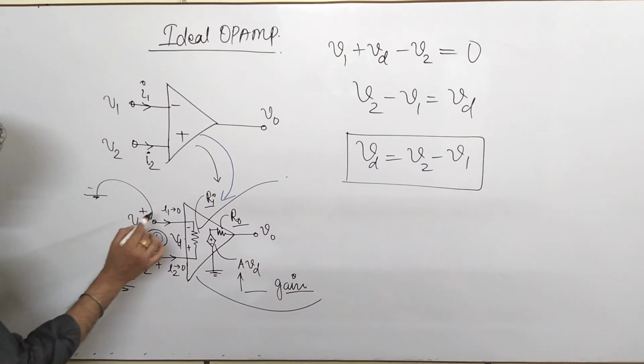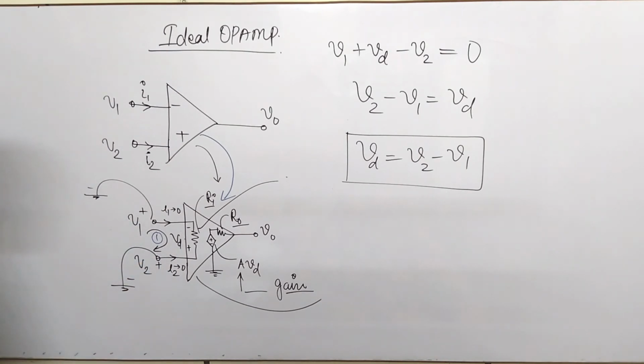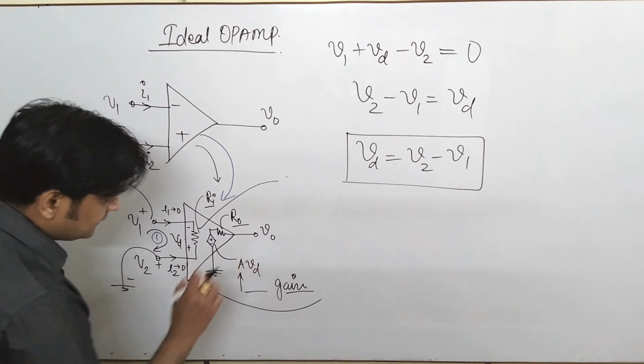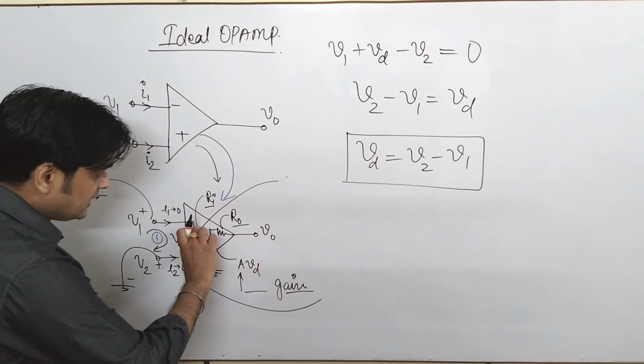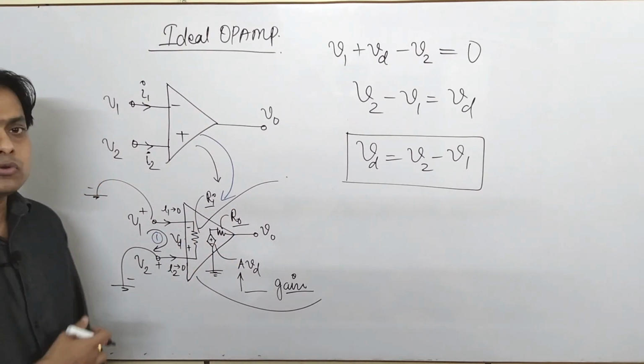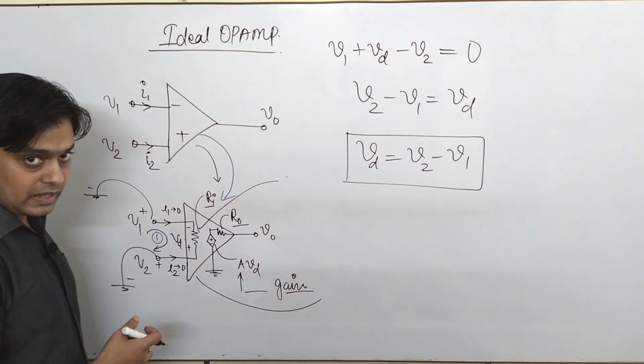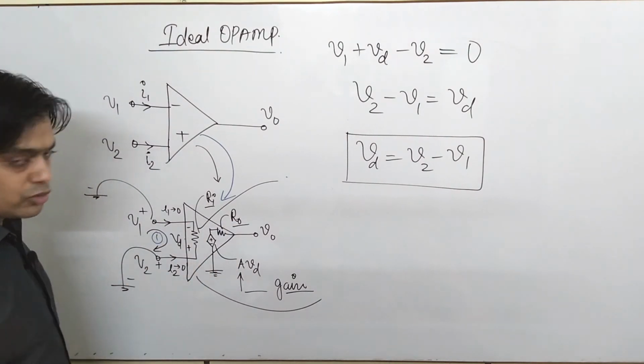So minus 2 plus V1, minus 2 plus Vd, plus 2 minus V2, is equal to 0. So you can say that your differential voltage Vd is V2 minus V1. As I said, the value of Ri is very high and the value of R0 is almost 0. The value of R0 is almost 0 under ideal conditions, so it will become short circuited.